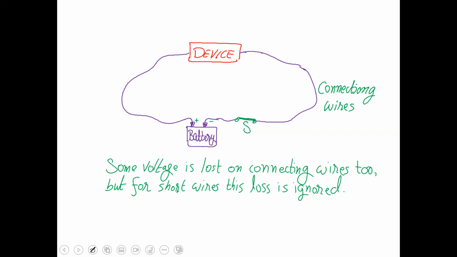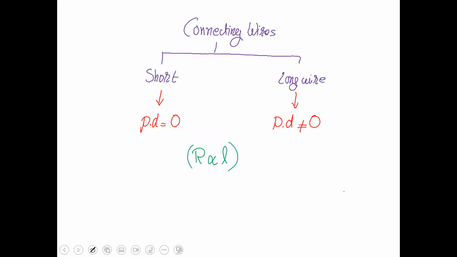So if the wires are short, you can ignore this loss. But if the examiner says long wires like extension leads, then you should consider it.